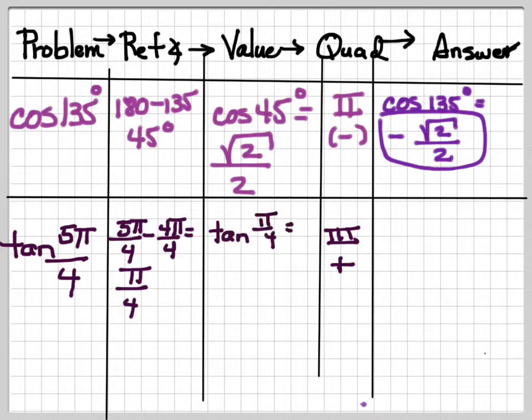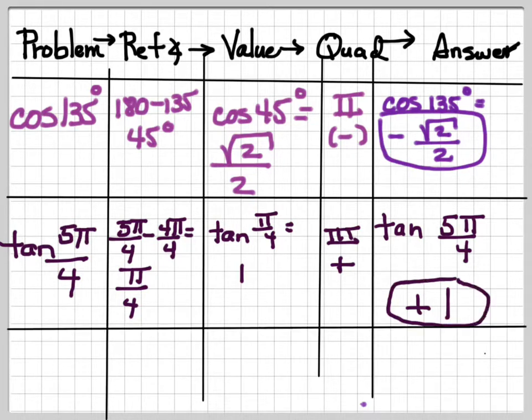The tangent of pi over 4 is 1. I know that in the third quadrant the tangent is positive, so the tangent of 5 pi over 4 is going to be 1 with a positive value in front of it. And there we have it.